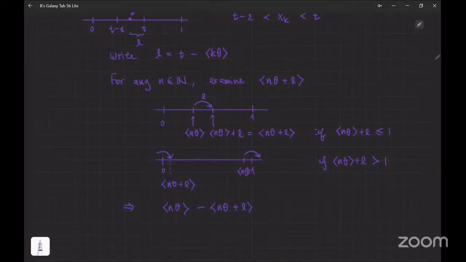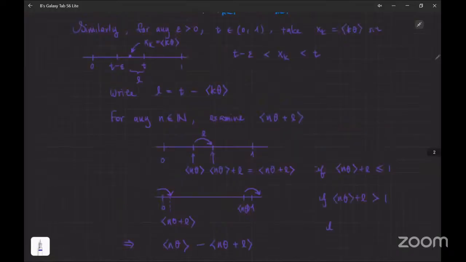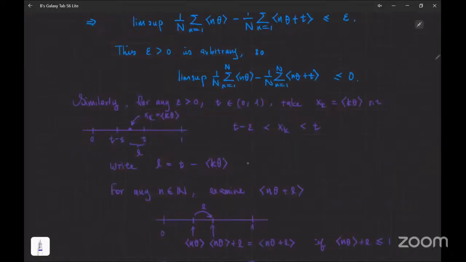In the first case, the distance is exactly equal to minus L, and this L is less than or equal to epsilon. Actually, it's less than epsilon, and L is positive, right?